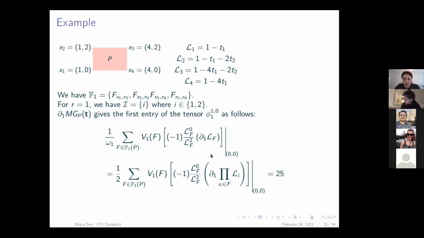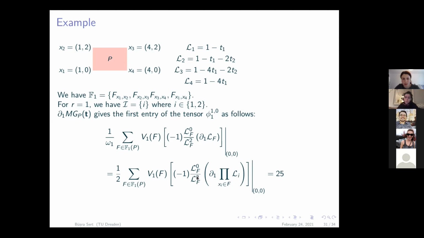And yes, we said that this calligraphic LF is a product of the linear forms for each facet, linear forms coming from the vertices of the facet. And okay, we have this second power of this product of linear forms, but when we evaluate at 0, 0, they will just be equal to 1. So this factor will go away.